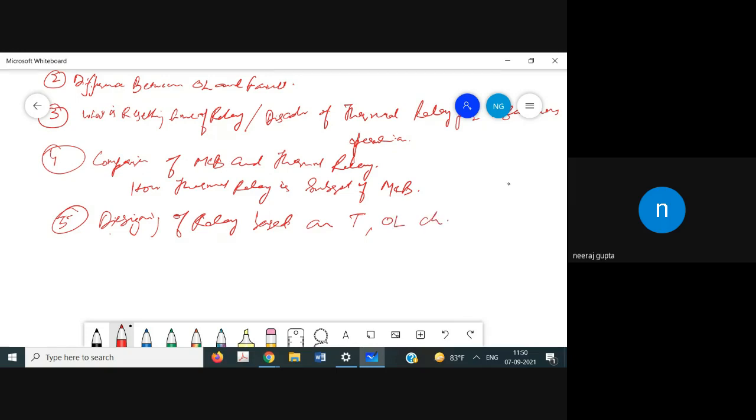And you can say that how we can design thermal relay based on the equipment thermal characteristics.